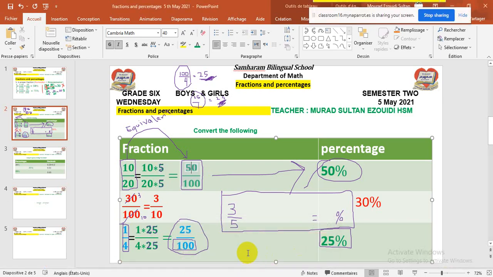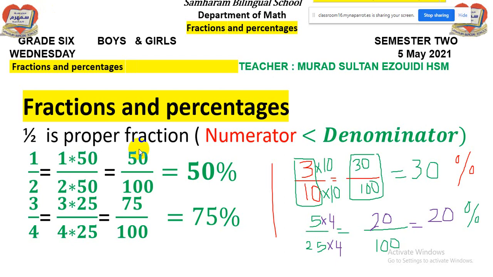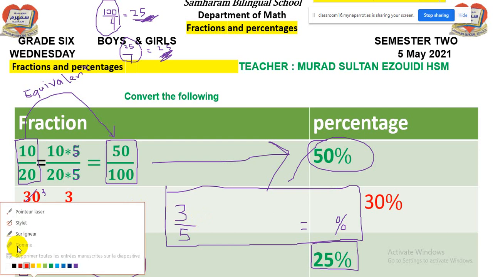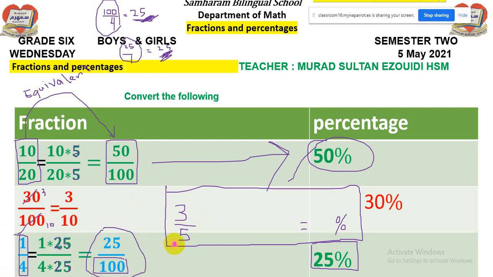I will explain this. So here we have 3/5. Look how to do this, my daughters. Before that, you should find an equivalent fraction, a fraction like that, where the denominator should be equal to 100.